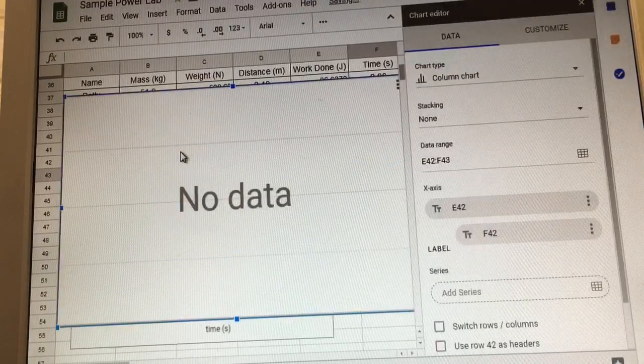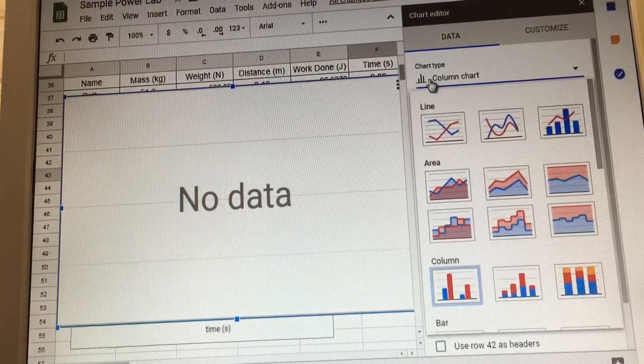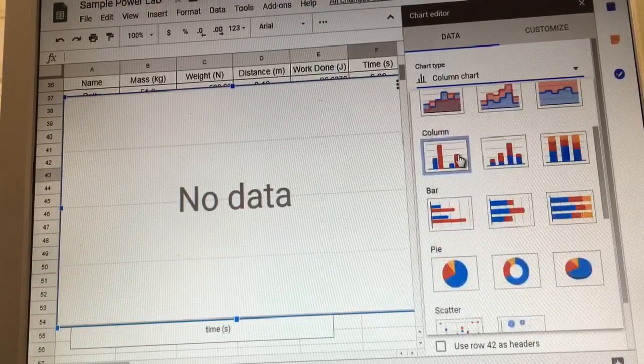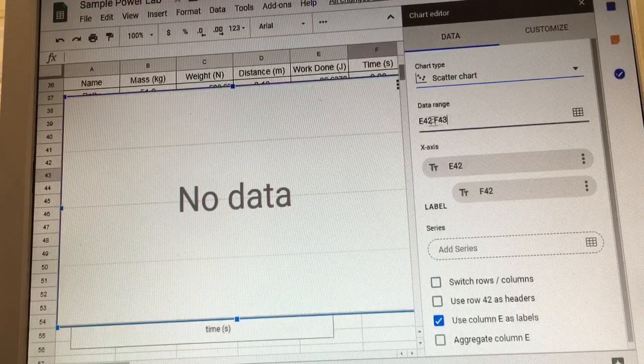So I'm going to click on Chart, and all this stuff pops up. First of all, I don't want a bar graph, so I'm going to change the column chart setting. I'm going to scroll down a bit, and I'm going to get a scatter plot. It's already put in some data for me, but I don't want to use that. I want to use the two things that I mentioned before.